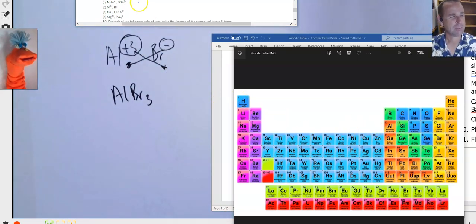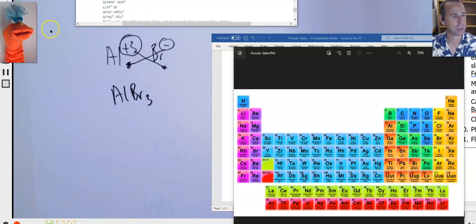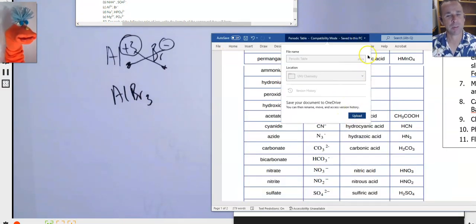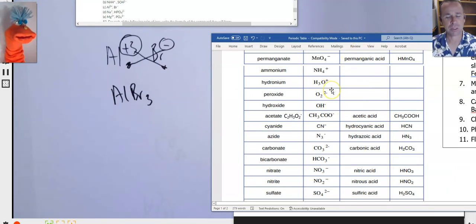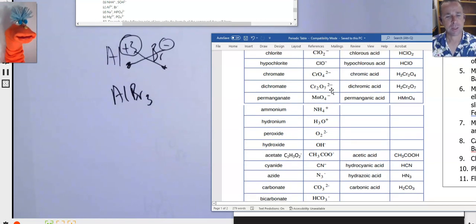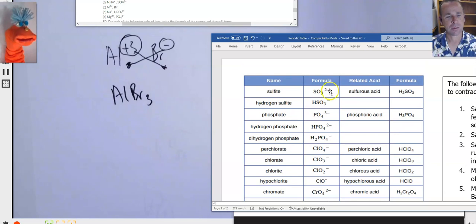Okay, the next one. Is that the sodium ion? Very good, sodium ion. And then I don't know the other one. All right, so we bring up our polyatomic ion table. Let's see, do we have any of those on here? Oh, there it is, the hydrogen phosphate. Hydrogen phosphate has a 2- charge.